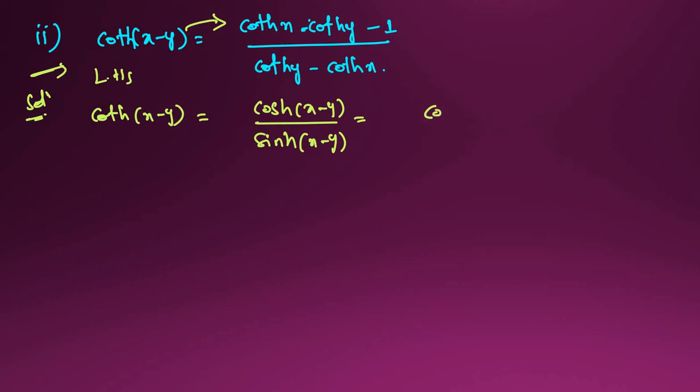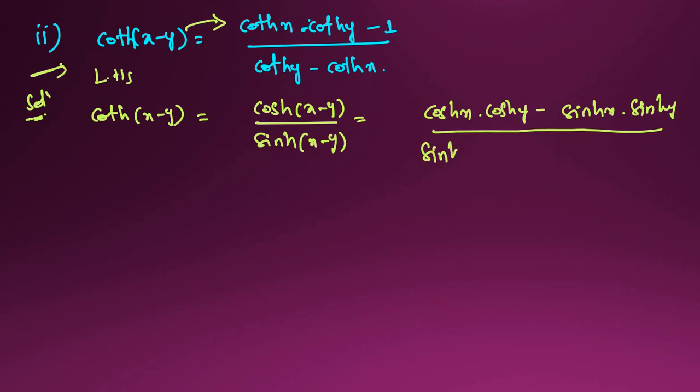So cosh x cosh y minus sinh x sinh y, divided by sinh of (x minus y), which is sinh x cosh y minus cosh x sinh y. These are the formulas.